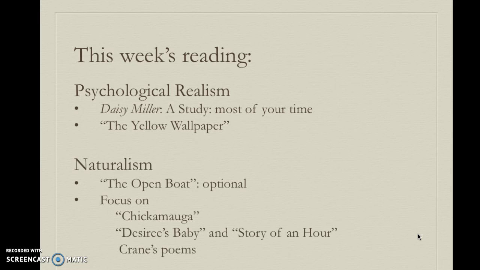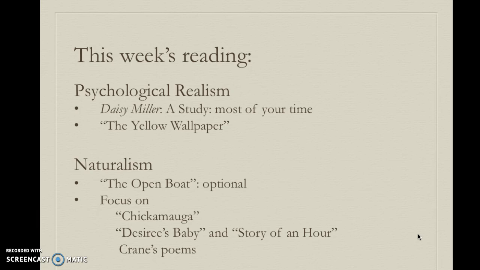And then in naturalism, The Open Boat by Stephen Crane I have made optional simply because I'm trying to think about your time constraints this week. If you have a chance to read it, please do, even if you have a chance to skim it. It depicts 4 men who are trying to save their own lives after a shipwreck. They're in a small boat after their ship has wrecked, and they're trying to get safely to shore.